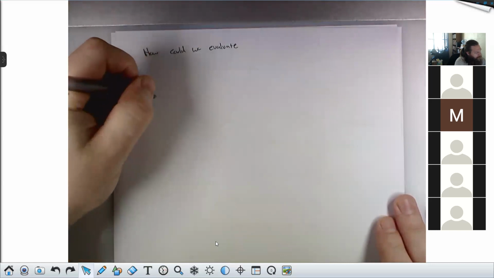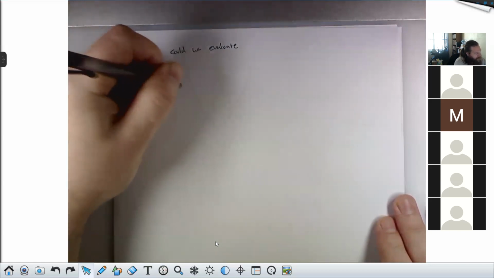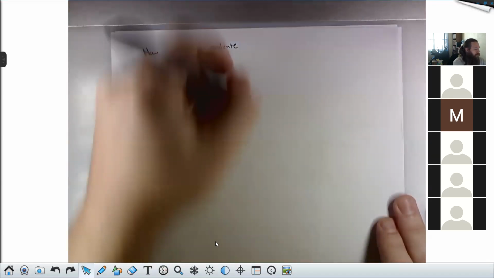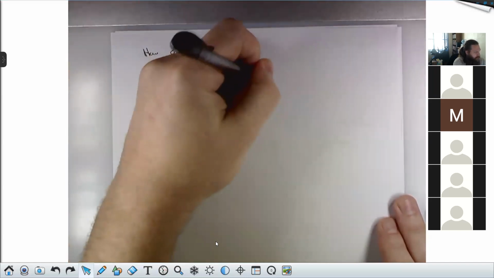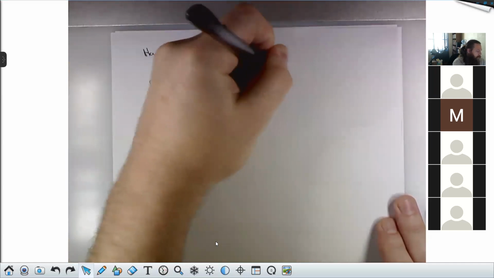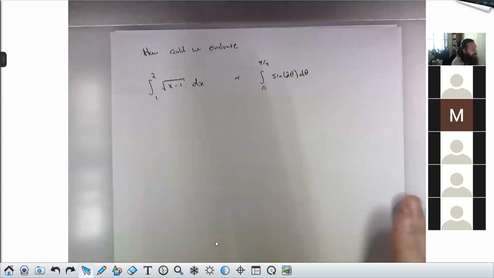Let's say the integral from 1 to 2 of the square root of x minus 1 dx, or the integral from 0 to pi over 4 of the sine of 2 theta d theta.